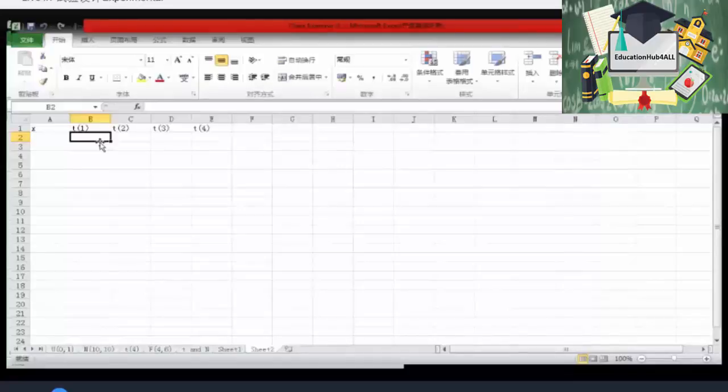Standard normal distribution, I should say. What's the mean of the standard normal distribution? A normal distribution has two parameters: one is the mean, another is the variance. So what is the mean of the standard normal distribution?